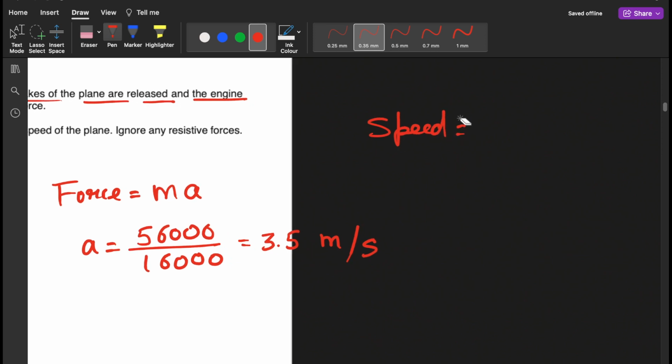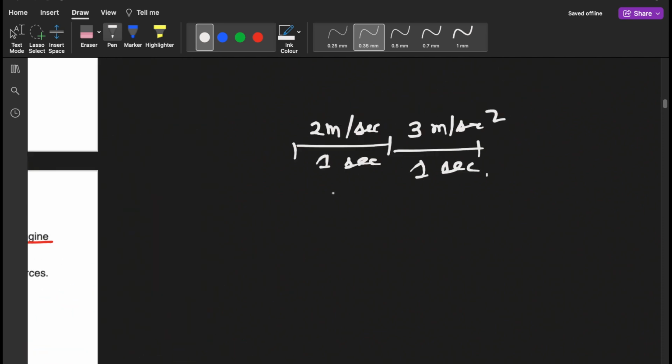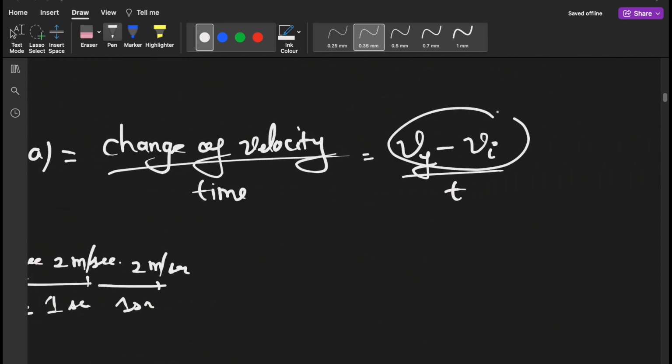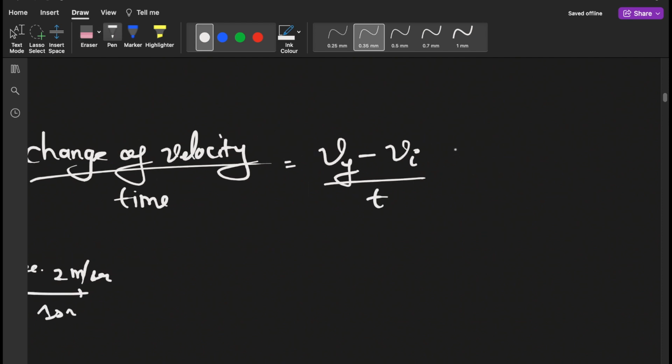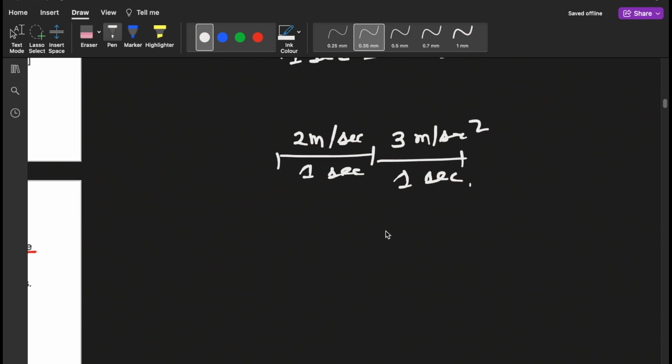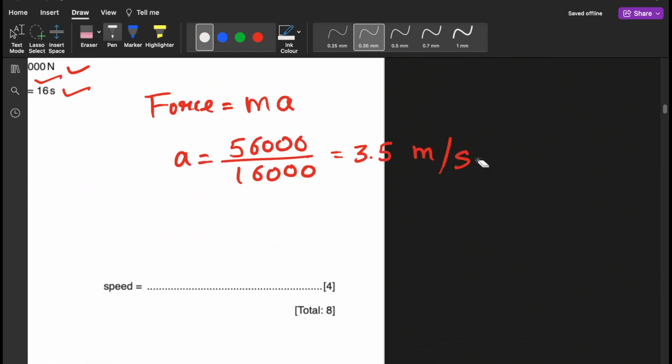Is it meter per second square? The speed unit is meter per second, that you told me, correct? But there is an extra t over there, so you have to multiply with the t. So the unit is meter per second square. You can write it like this, and in division form also you can write it. So this is meter per second square.